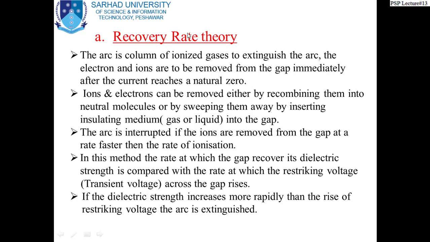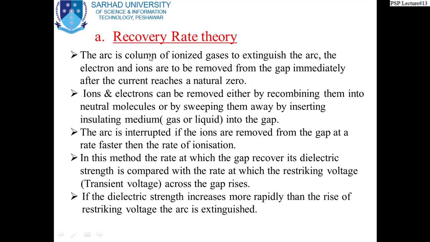Okay. Now, gentlemen, look carefully how I explain this recovery rate theory. First of all, you must understand what an arc is, what the arc contains, how the current flows from one contact of the circuit breaker to the other, that is from the fixed contact to the moving contact. It is an arc.